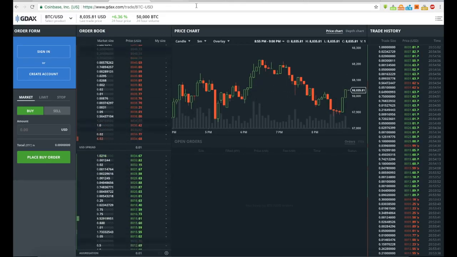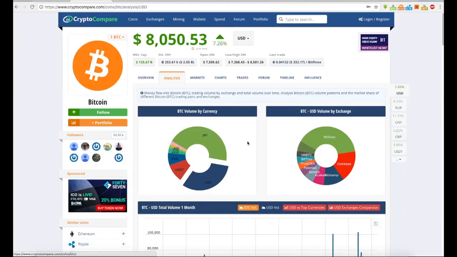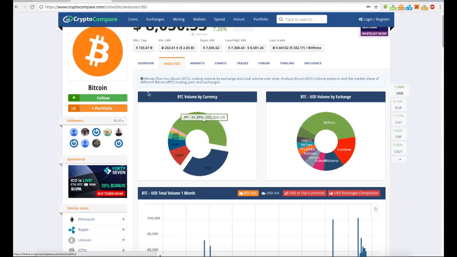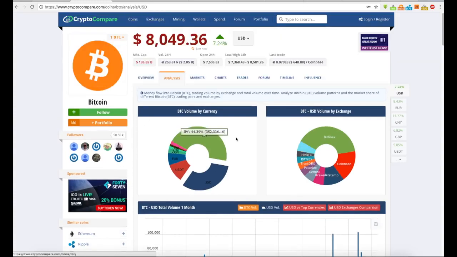Okay, so what's another factor I can point out? I wanted to touch on this on CryptoCompare. When you're on CryptoCompare, you can go to coins here and check the BTC volume by currency. You can see that most of the volume is made up of Japanese yen, and then the rest is US dollars, and you can see 10% of the market is made up in Tether.